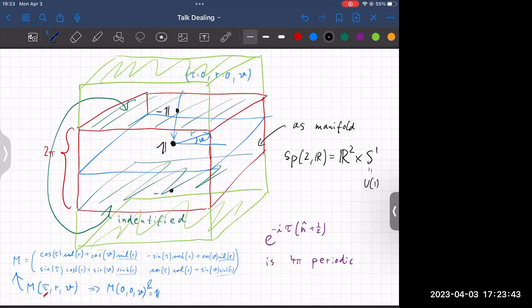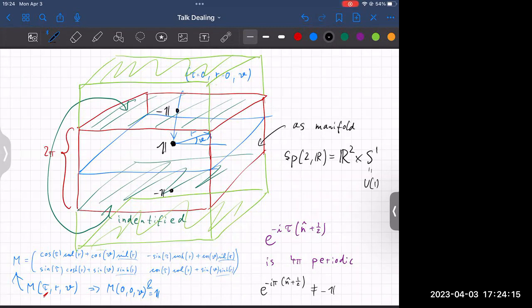That's where minus identity in the symplectic group is. In our case, you can check that e to the minus i pi (n plus 1/2 operator) is of course not equal to minus the identity as a linear operator in the Hilbert space.